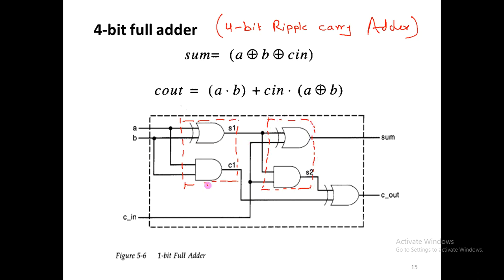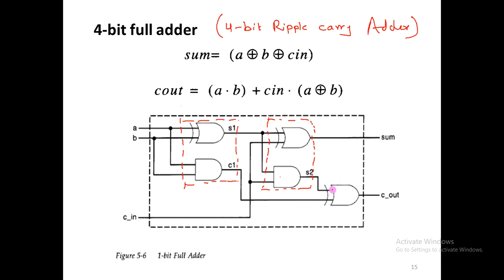Either you can write a full adder code using two half adders, or else directly write it at gate level. For this XOR gate, S1 is output, A and B are your inputs. For this AND gate, C1 is output, A and B are your inputs. And for this XOR gate, sum is output, S1 and Cin are your inputs.